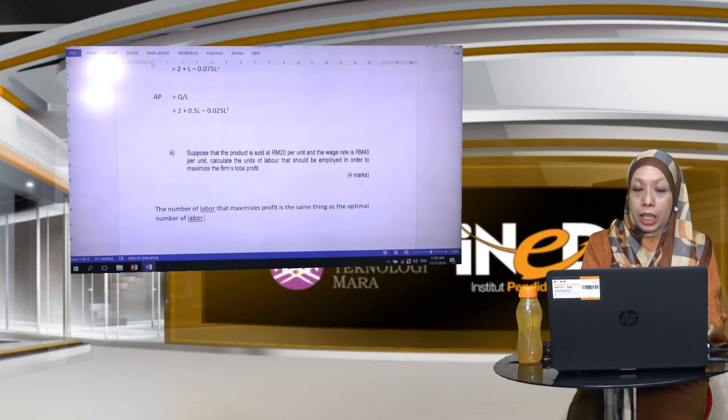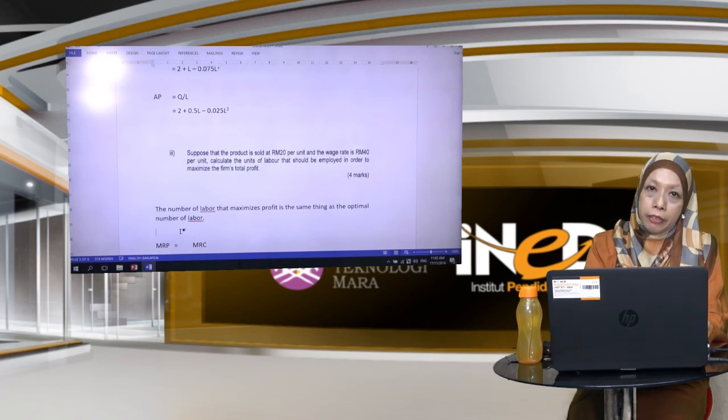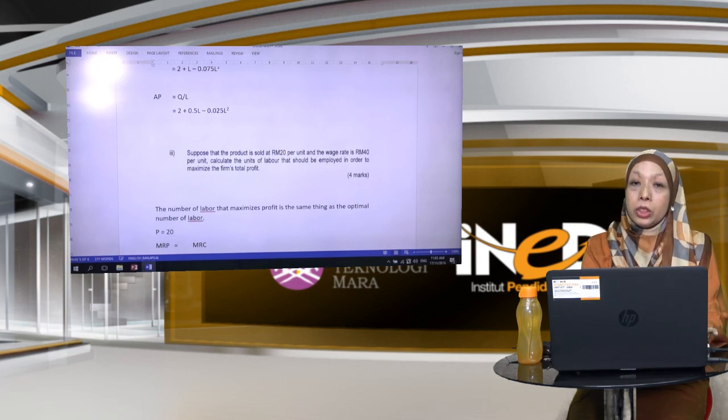So the last question wants you to find the optimal number of labor, and in our lecture just now, to find the optimal number of labor, you have to make sure that marginal revenue product equals the marginal resource cost of your variable input. Apart from that, you need information on the price of the product, in this case given as 20.